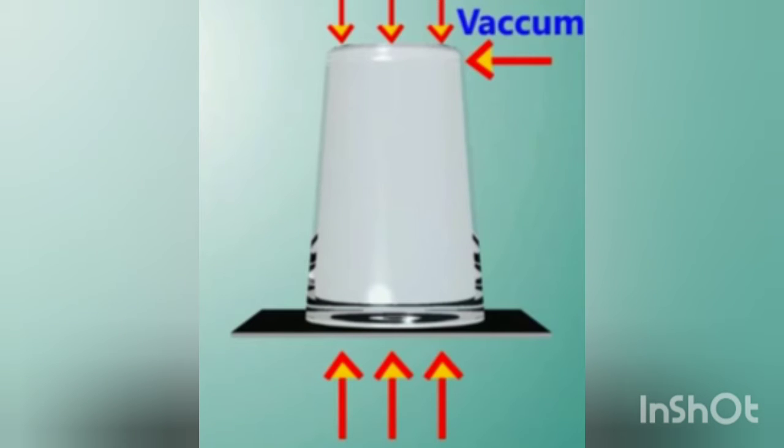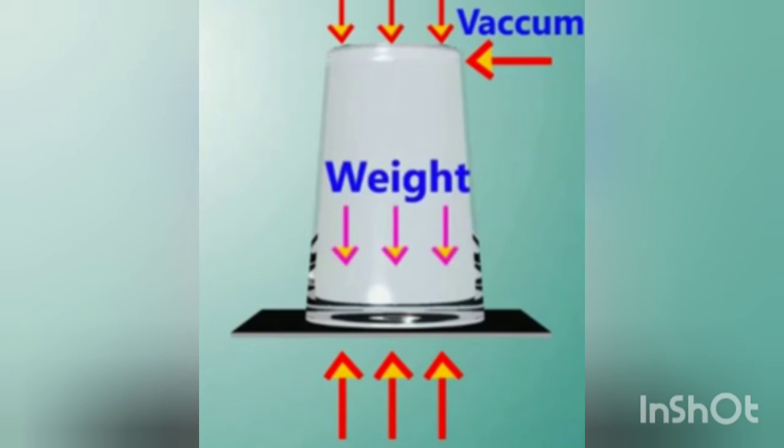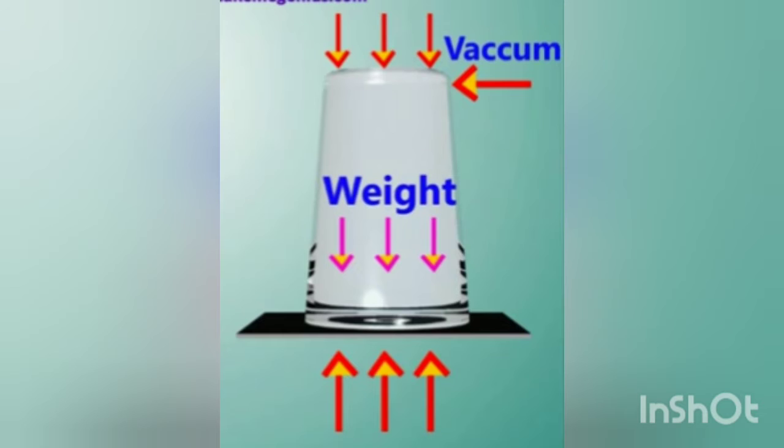Although atmospheric pressure is pushing outside of the glass, this does not have any impact on the water inside the glass due to vacuum. The only force which is pushing down the water is its weight, means weight of the water itself. But the upward atmospheric pressure easily supports the weight of the water. Hence, they cancel each other and water does not fall down.